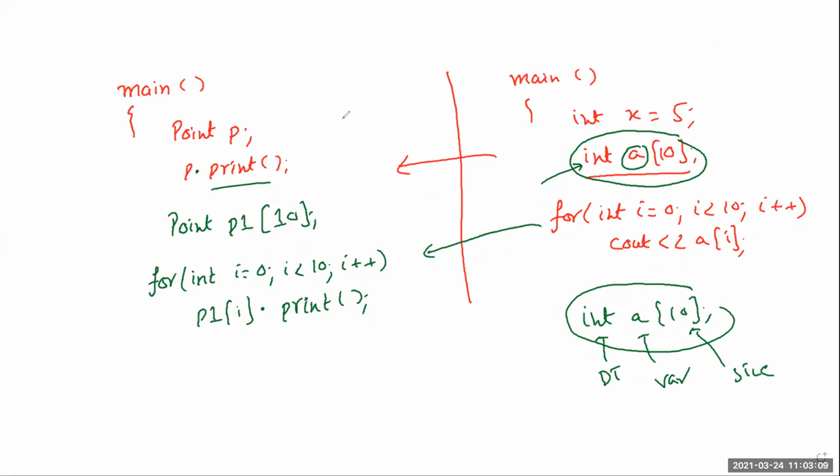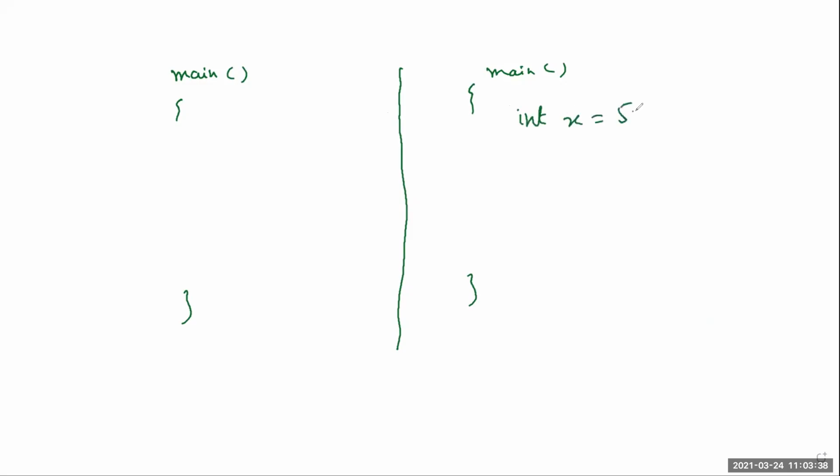Now let me just add one more piece of information and then maybe we can have a discussion. So let's again go back, and here we have our main on the left side and on the right side. In both the cases, normally when you are dealing with integers, you also have the possibility of having a pointer, right?